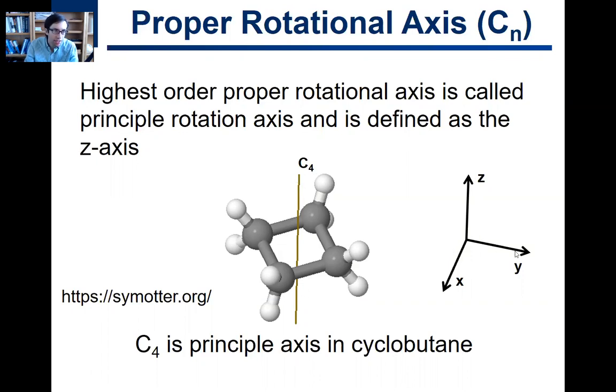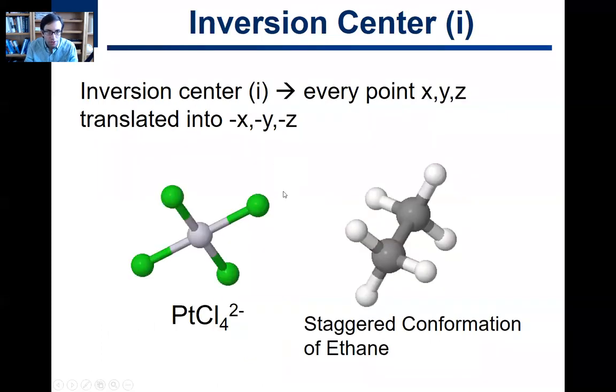X and y can be defined however you want. They just have to be perpendicular to one another, 90 degrees. It doesn't matter how you define x and y. The z-axis is always going to be the highest order axis, the principal axis.